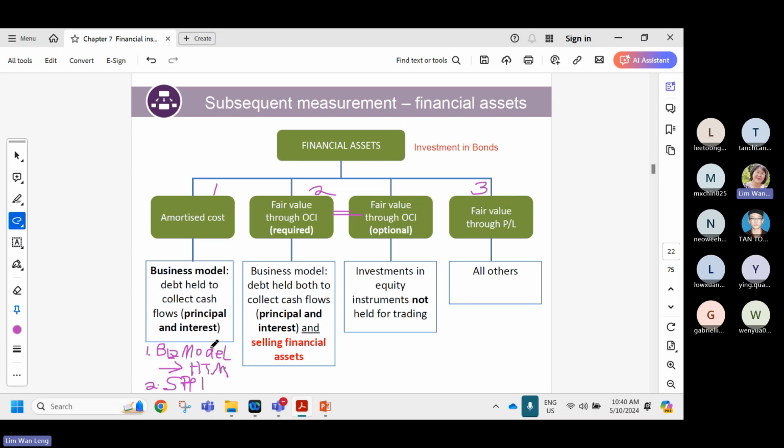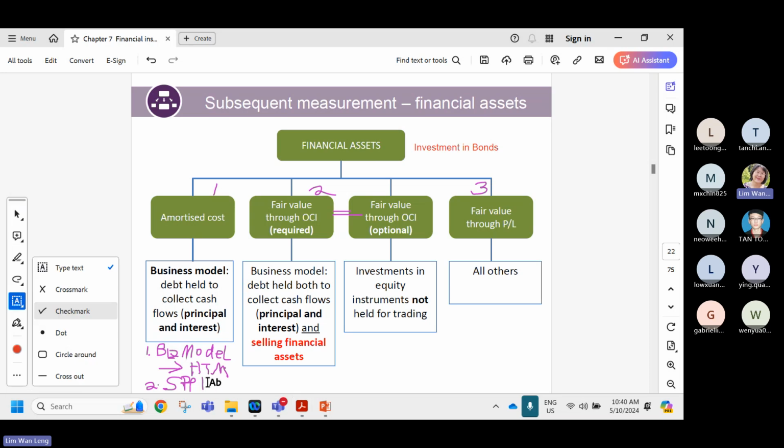During the holding period, you still collect the interest, correct or not? So the cash flow characteristics that you are going to have will be solely payments of principal and interest.